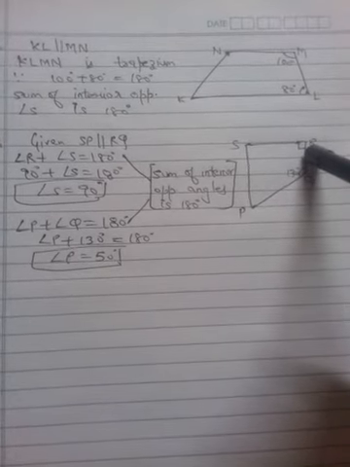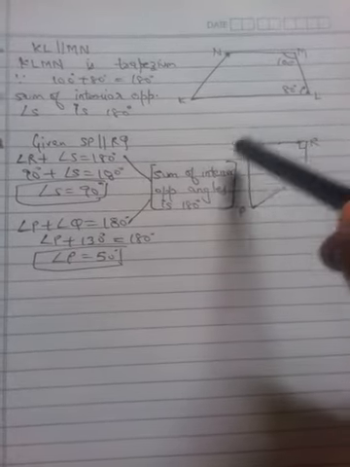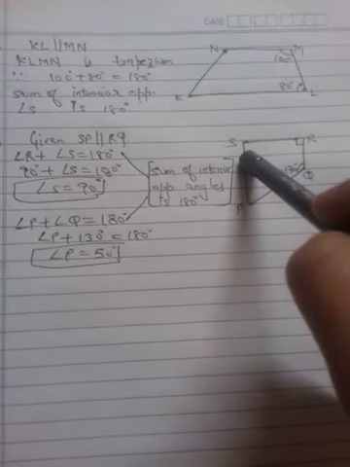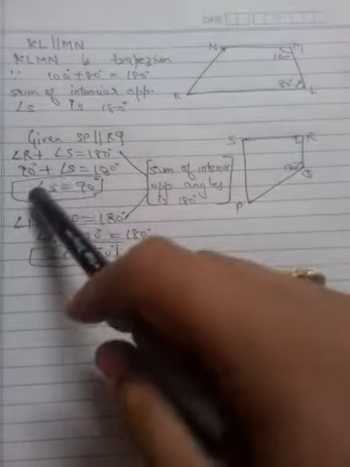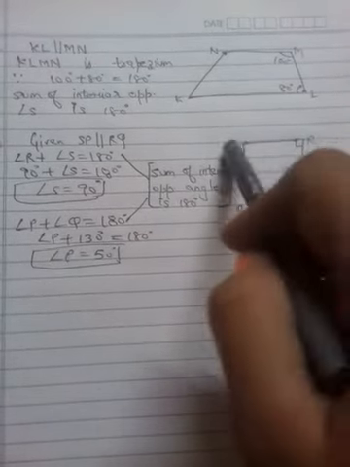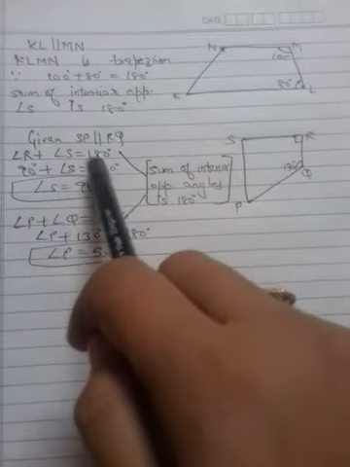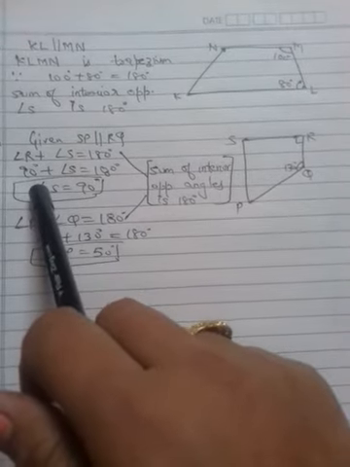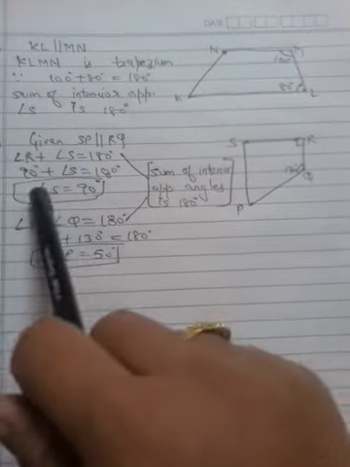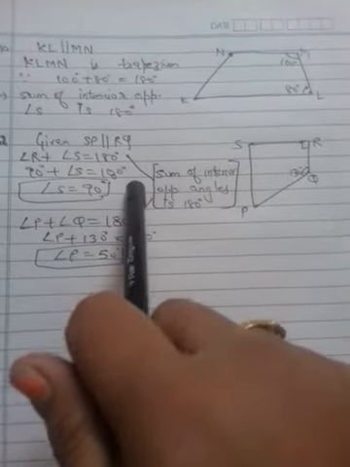Since angle R is equal to 90 degrees, angle S is also 90 degrees, because 90 plus 90 gives 180. Angle R plus angle S, adding both of these gives 180. Angle R is 90 degrees, it is given to us. Angle S will be 90 degrees, subtracting 90 from 180 degrees.